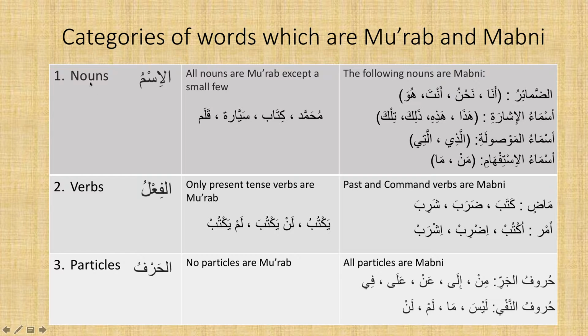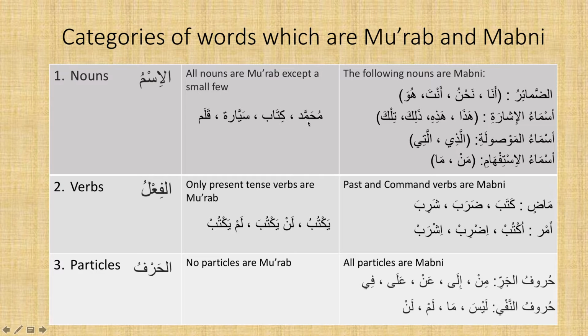So this table shows the categories of words which are mu'rab and which are mabni. Nouns, al-ism. All nouns are mu'rab except a small few. So nouns such as Muhammad, Kitab, Sayyara, Qalam are all words which are mu'rab because the mark on the last letter can change.